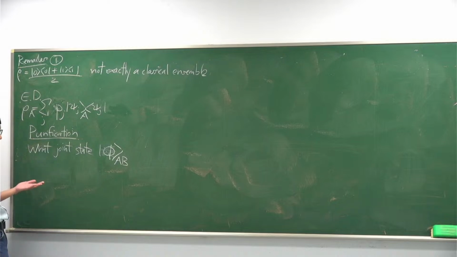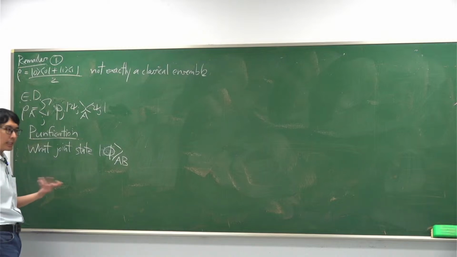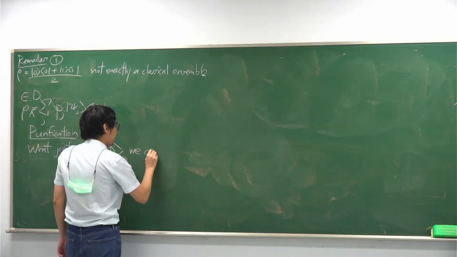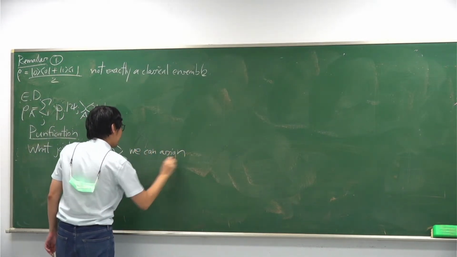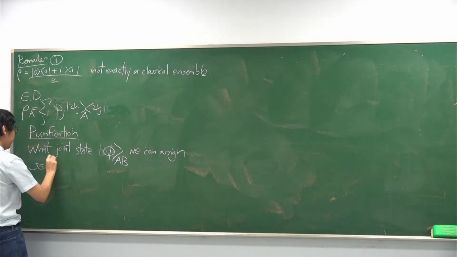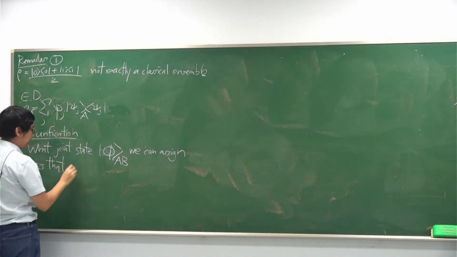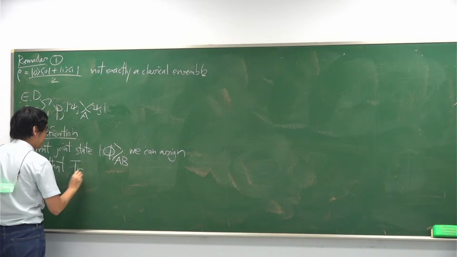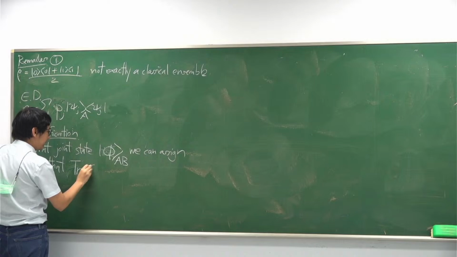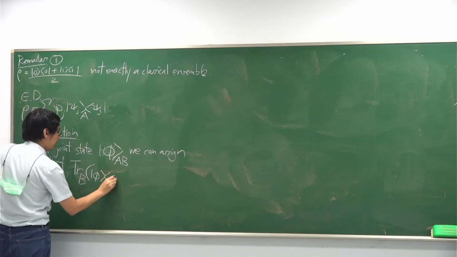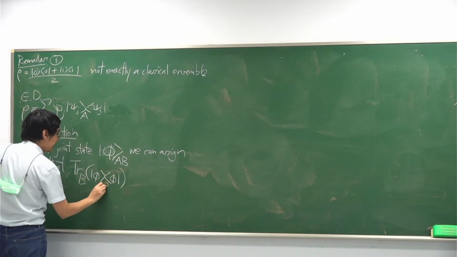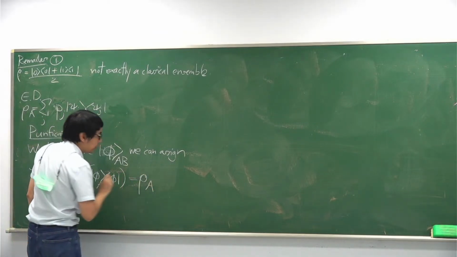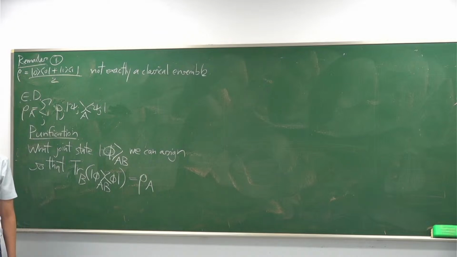What joint state in the larger Hilbert space can we designate so that the reduced density matrix, the partial trace of this state with respect to system B, would return back the state rho A? Okay.